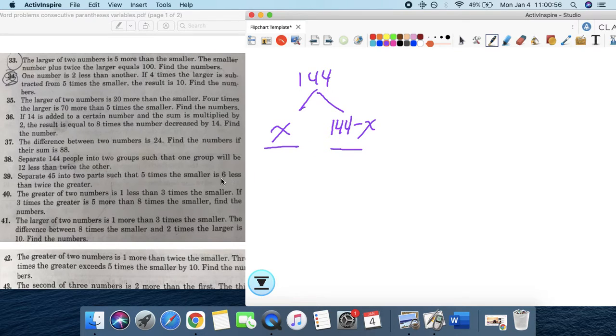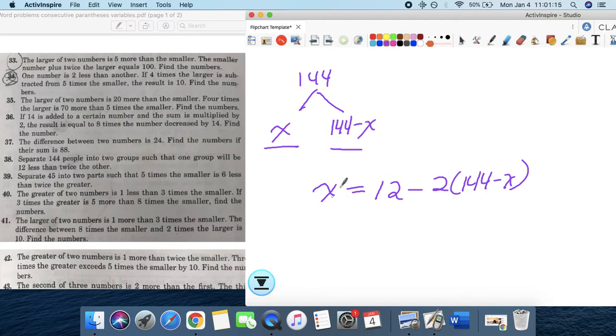We identified them. And then what are we at? So that's such that one group, let's call that x, will be 12 less than twice the other. And it doesn't matter which one you chose.